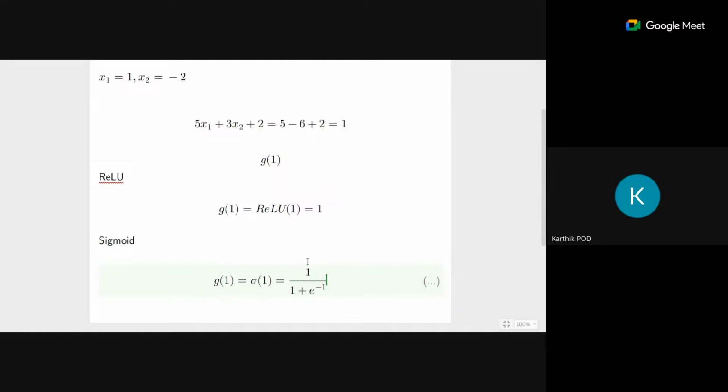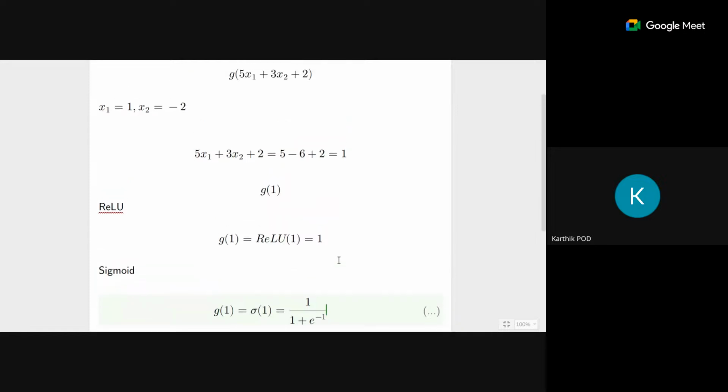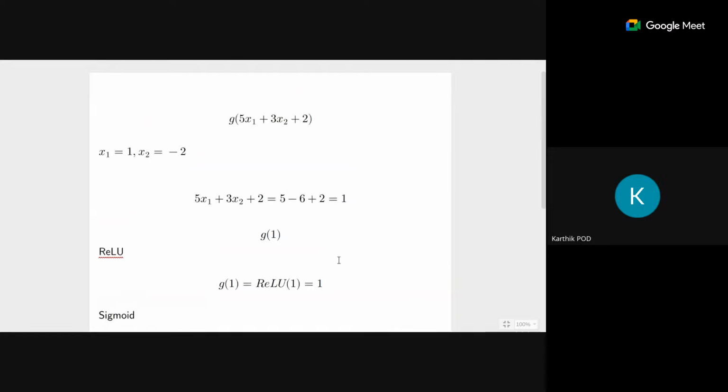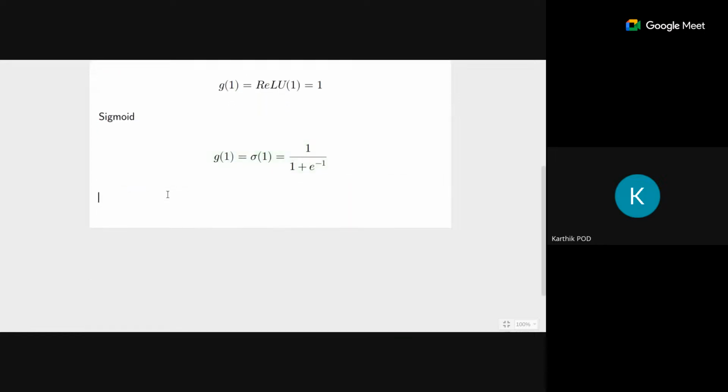This is the computation associated with one neuron. There are two steps that you have to remember: one is linear combination followed by an activation. This makes the entire network a nonlinear function of the inputs.